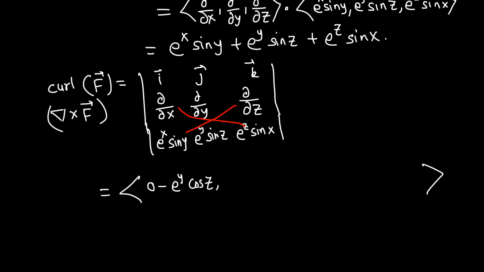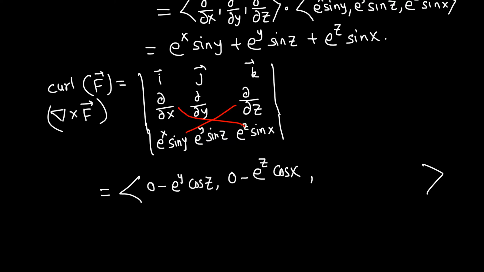This way would be negative, this way would be positive for j. So let me do this way first, then the positive part. The partial of this with respect to z: there is no z term, so 0, minus this way with respect to x: e^z is constant and the derivative of sin x is cos x. I did it backward because for this j I was supposed to put a negative in front, that's why I did it backward.